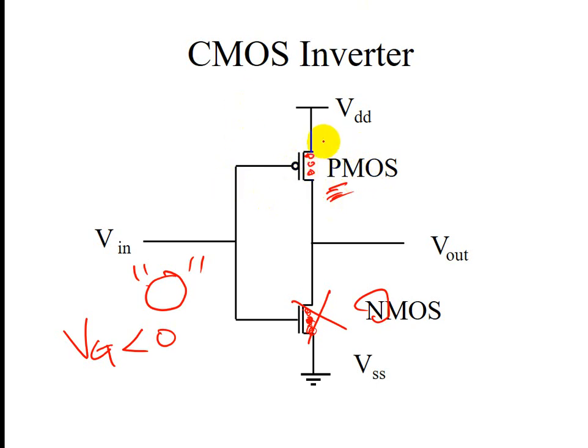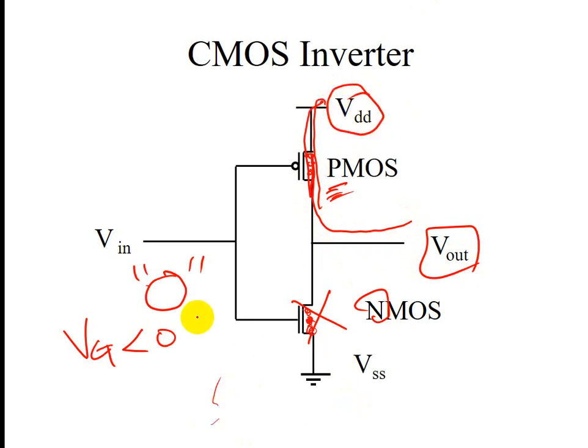So that means this will have current going through. So your V out will read the voltage level of VDD. So when you input 0, you have output 1. This is called an inverter.